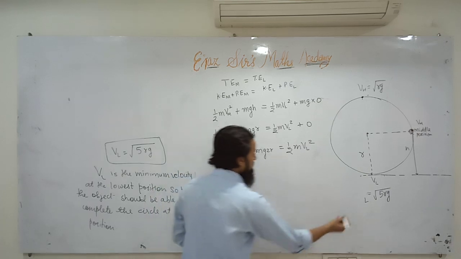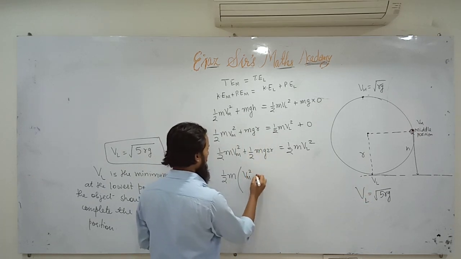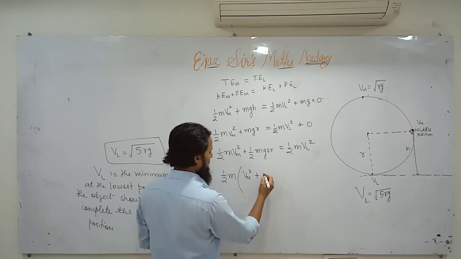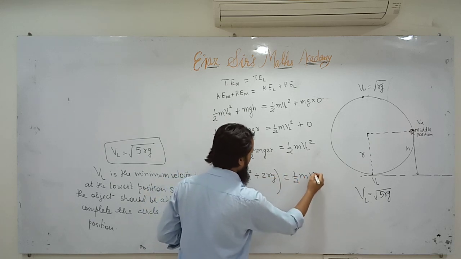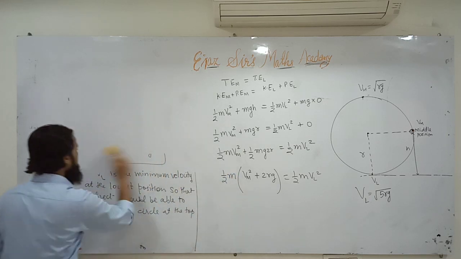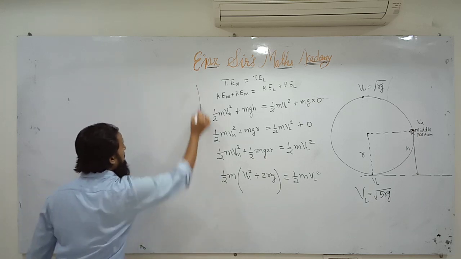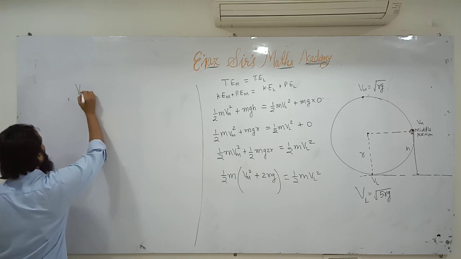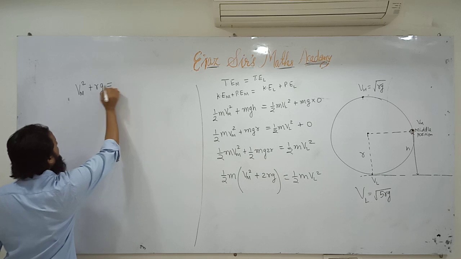What is left? Vm square plus 2rg is equal to VL square. Half m will get cancelled and we will be left behind with Vm square plus 2Rg.